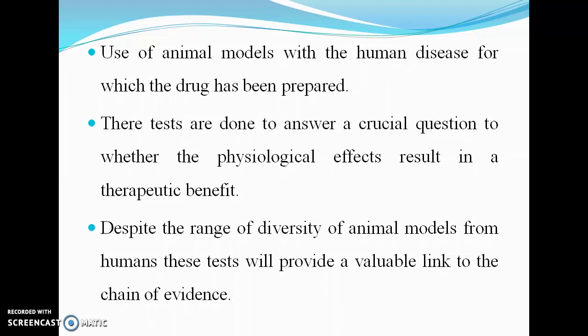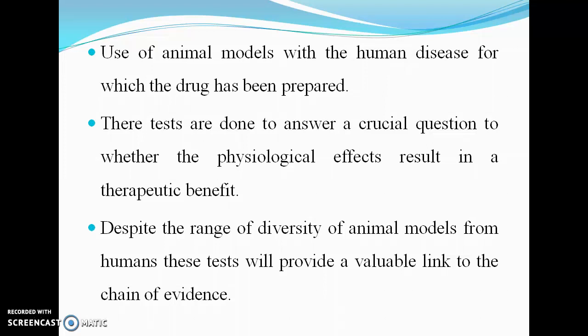Many times, some of the physiological responses the drug elicits may be therapeutic benefits, or sometimes non-beneficial responses. If the animal models are prepared properly, we can check exactly whether the drug has shown a therapeutic benefit or not.